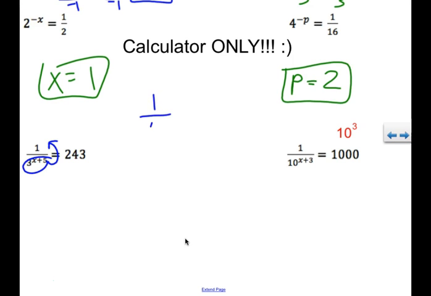If I had 1 over 4 squared, and I wanted to bring that 4 squared to the numerator, the exponent would change signs. Okay, and so we kind of know that earlier because 4 to the negative 2 power is 1 over 16, and so 1 over 16 is the same as 4 to the negative 2.